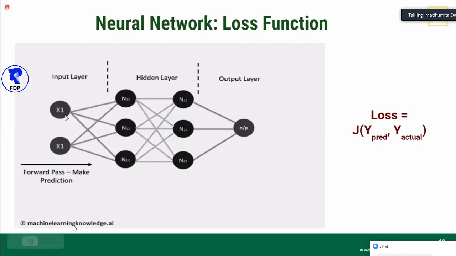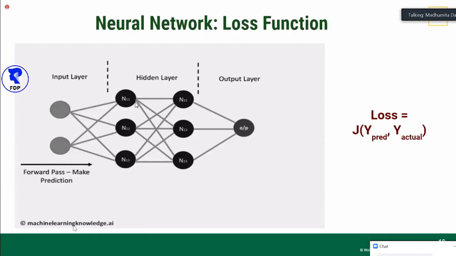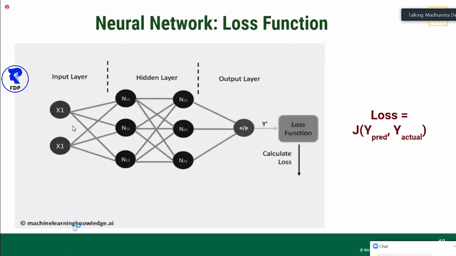So what happens initially? Random weights and, say, a bias of 0 are assigned to the input layer, all the inputs that you provide. And based on the neural architecture you define in the beginning, suppose I have said I need 2 layers and each layer will have 3 neurons, random weights are assigned in these layers, and an output is calculated.